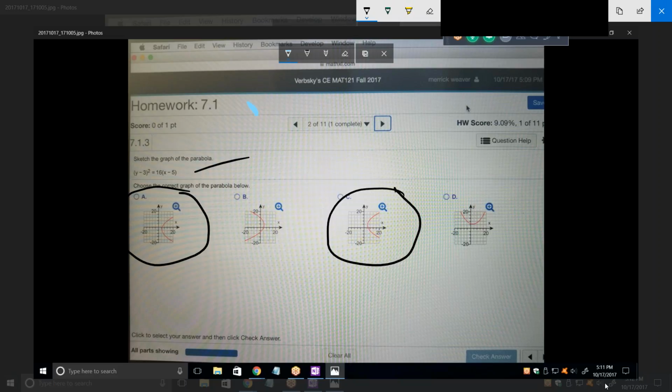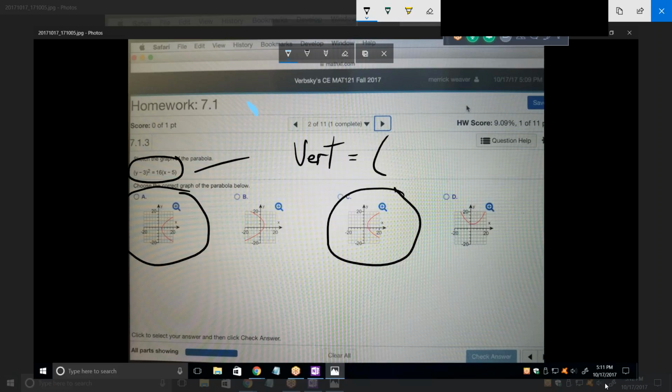What is the vertex that we're looking at here? What's the x-coordinate of the vertex? Right here. You can read the vertex directly from that.